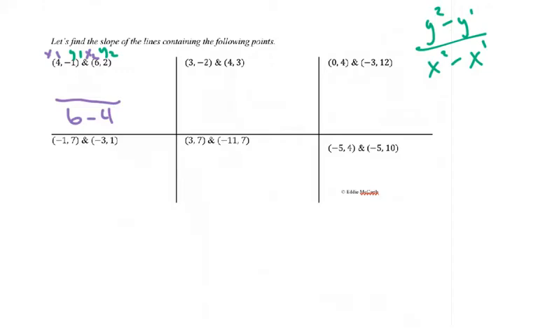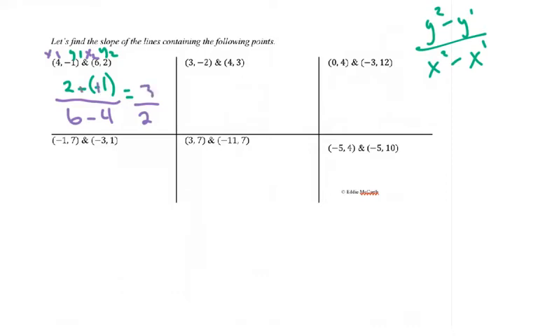y2 is 2 minus y1 is negative 1. All right, I'm going to start with the 6 minus 4 because that's easy. 2. 2 minus a minus 1, I have to change to the opposite. So that becomes 2 plus a plus 1.